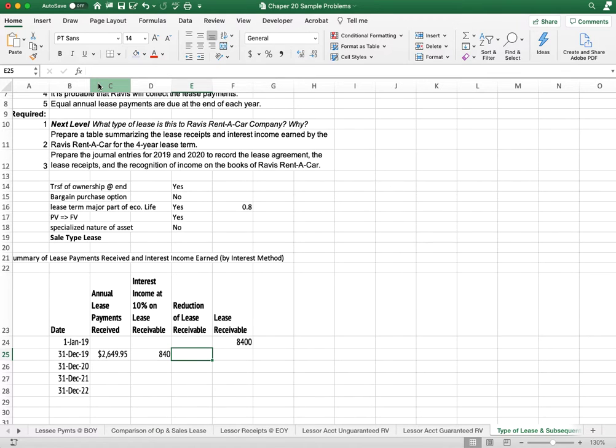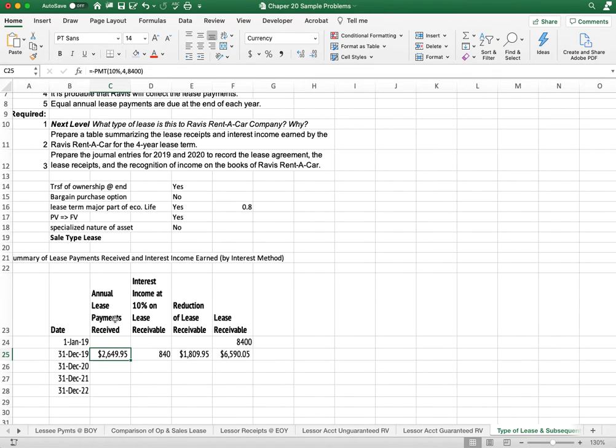The reduction of the lease receivable is the difference. And so we're reducing the lease receivable by roughly $1,800 to get a new balance of $6,590, which was just calculated as that $8,400 minus the reduction of the lease receivable.